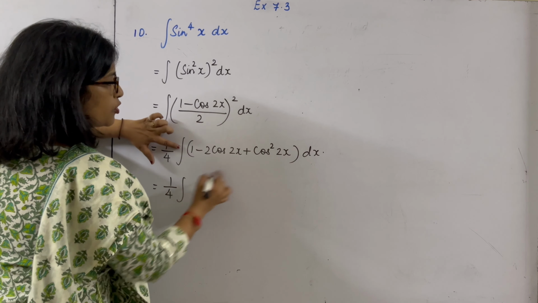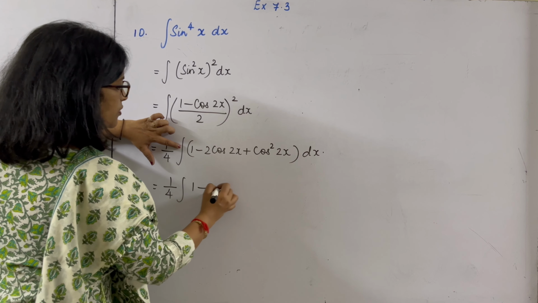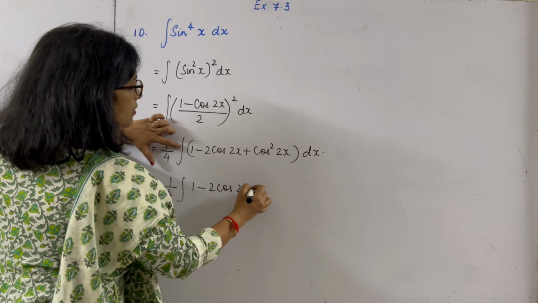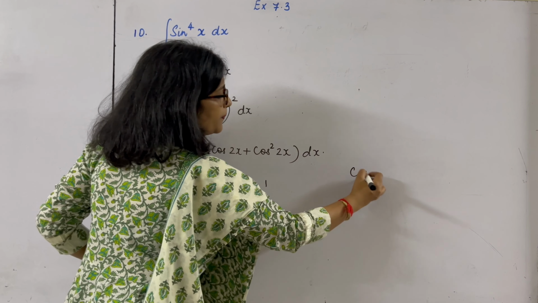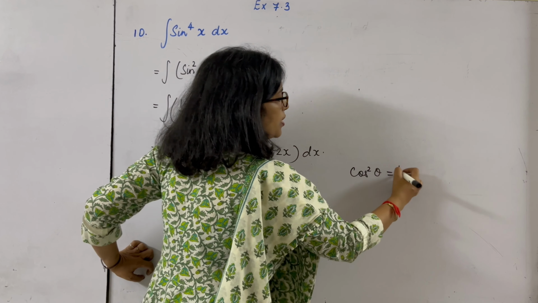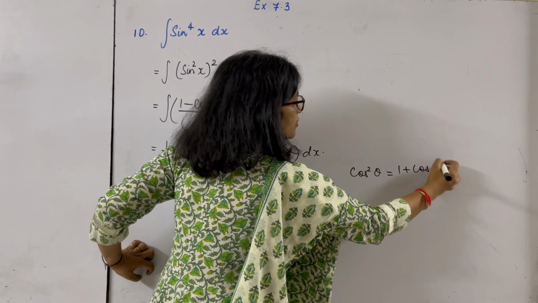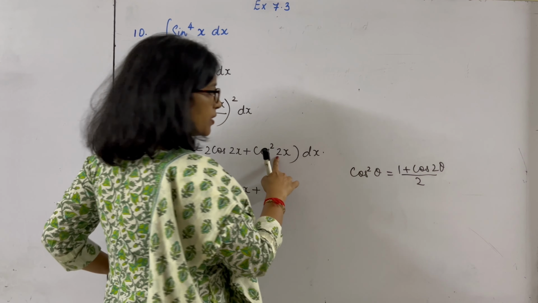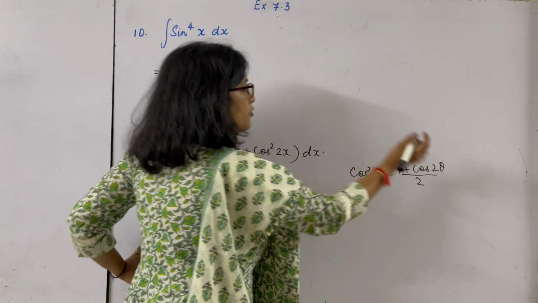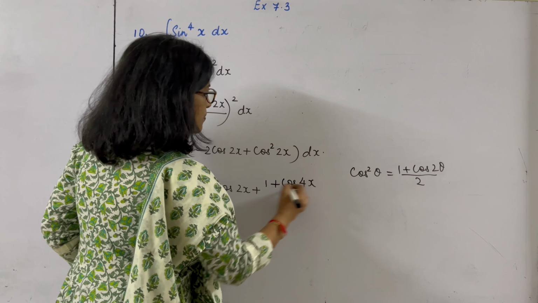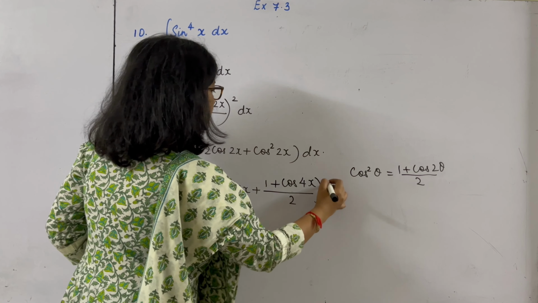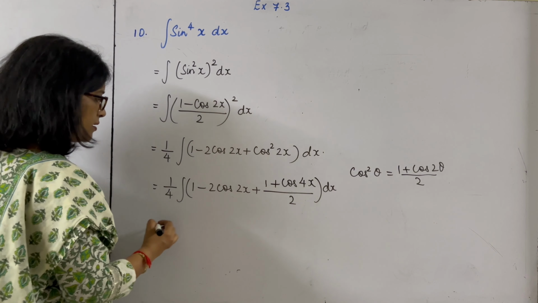But still you have cos square, okay. So write the formula for that also. What is cos square theta? Cos square theta is 1 plus cos 2 theta upon 2. So now since we have 2x here, it's going to become 4x. So we have 1 plus cos 4x upon 2. Now let's take the LCM.